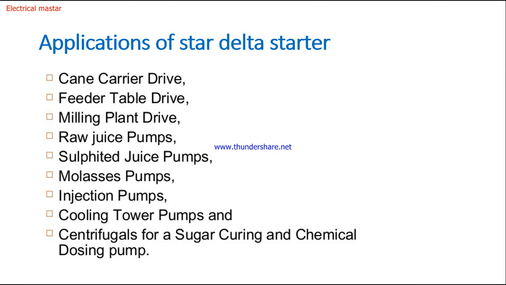The listed applications are: crane carrier drive, feeder table drive, mining plant, cooling tower pump, centrifugal for sugar curing, and chemical dosing pumps. These are applications requiring high HP with low starting torque, so in these places you can use a star delta starter.